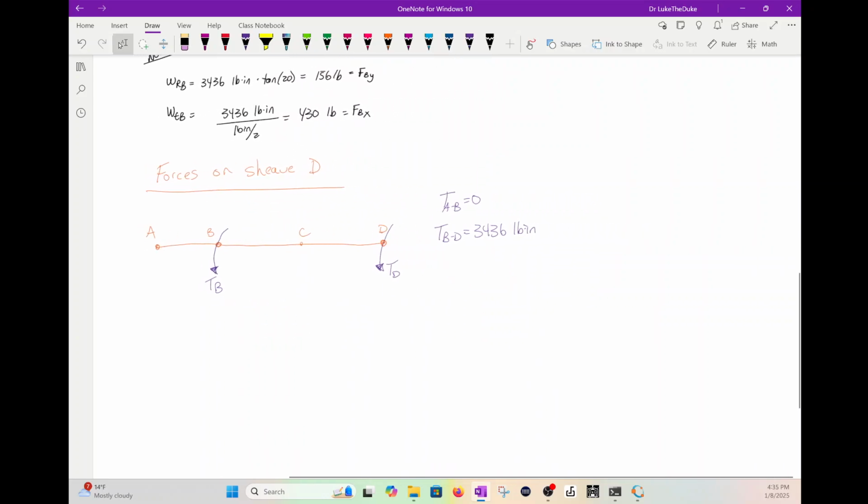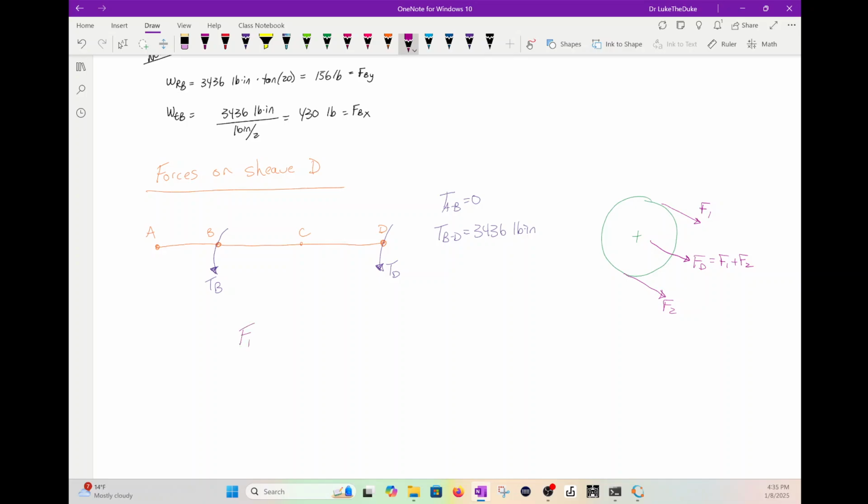Now let me draw a sketch over here. Here is that sheave D. Then we have F1 and F2 from the V-belt. And the overall is FD, which is F1 plus F2.